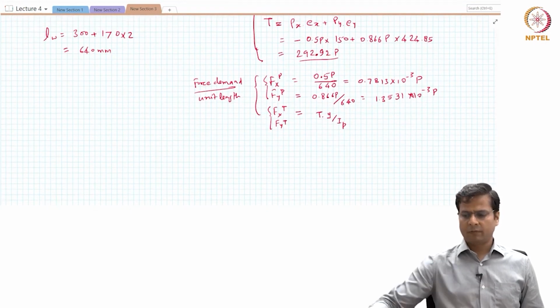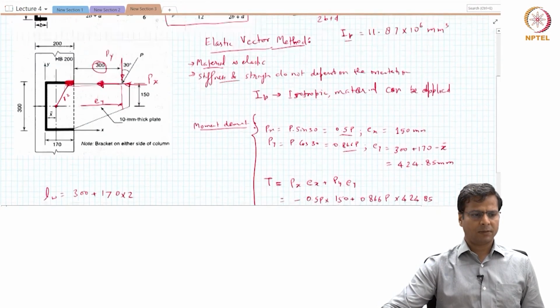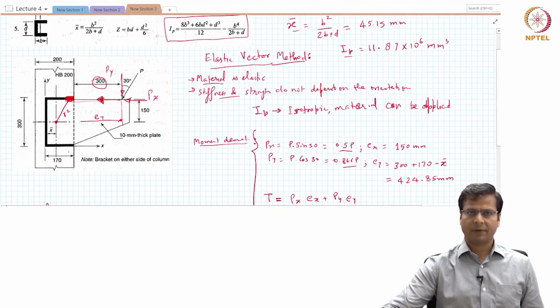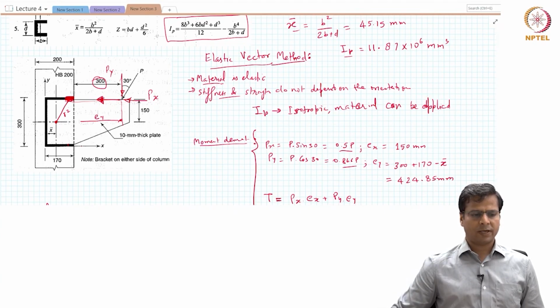So now we do not know, for each segment the force value will be different, that is the force that it applies to resist the moment will be different. So which segment should we look at? So again, we know that corners will be the ones that are going to be critical from this point of view, because corners are the farthest apart locations, right? So we should actually be looking at the four corners, and one of those corners will be giving us the highest value.